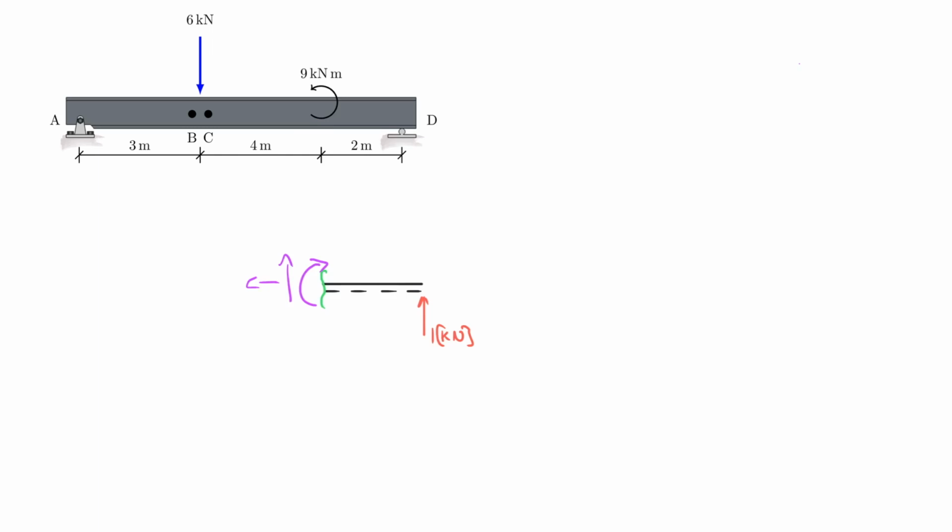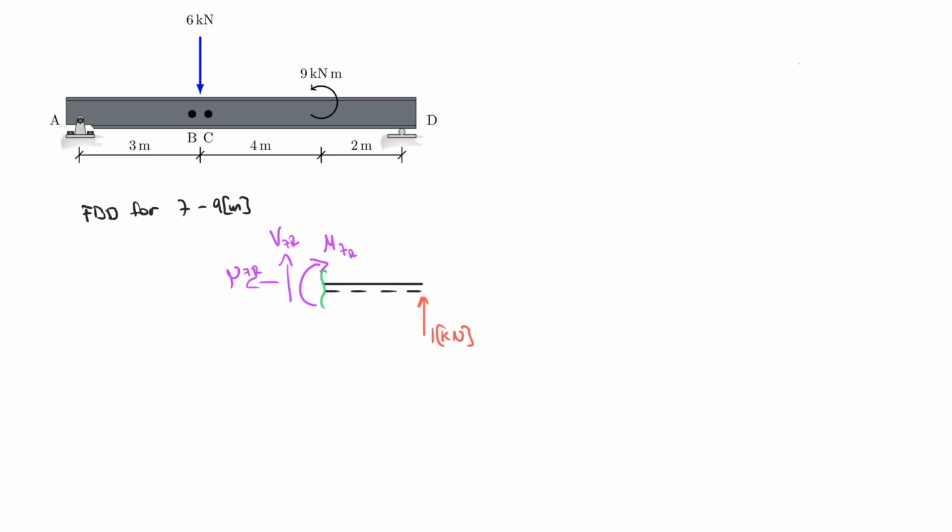So we can call this M at 7 to the right, V at 7 to the right, and N at 7 to the right. So let's go ahead and calculate the values. By the way, this is the free body diagram for, let's call it C, well, 7 to 9 meters, if you will. All right.